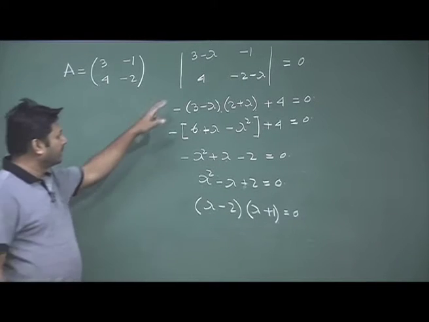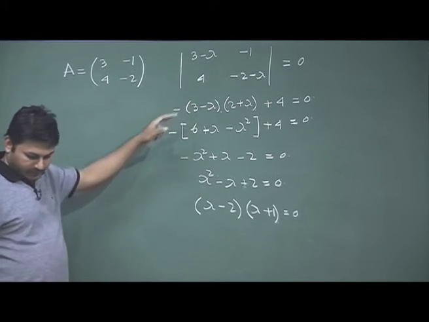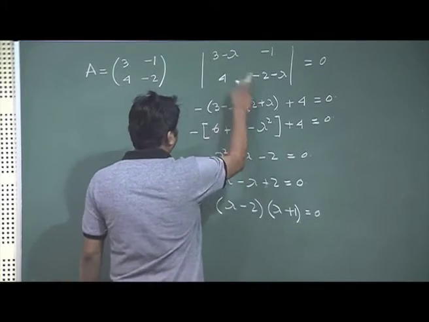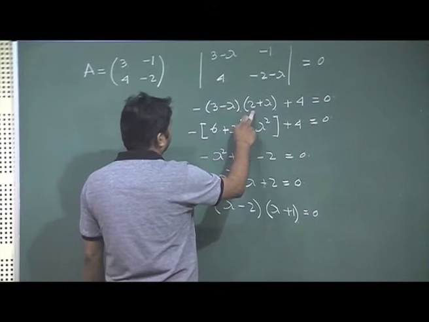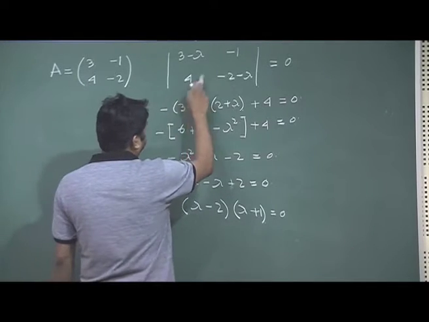It is 3 minus lambda times 2 plus lambda with a negative sign, fine, and then multiply.